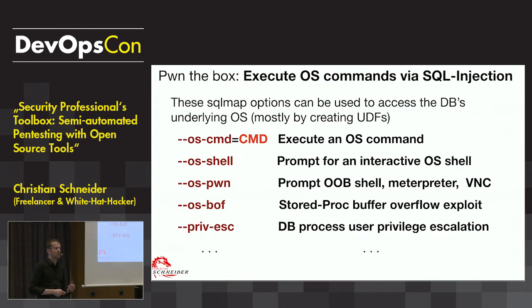So if the database user is able to create or replace functions, it will then use a UDF, a user-defined function, to extend the code of the database to actually call operating system commands. It has lots of these different tricks and techniques for different database systems that you can then use with the --os-cmd argument and just put some kind of operating system command there. And in case it works, it will execute that as the Linux user of the database.